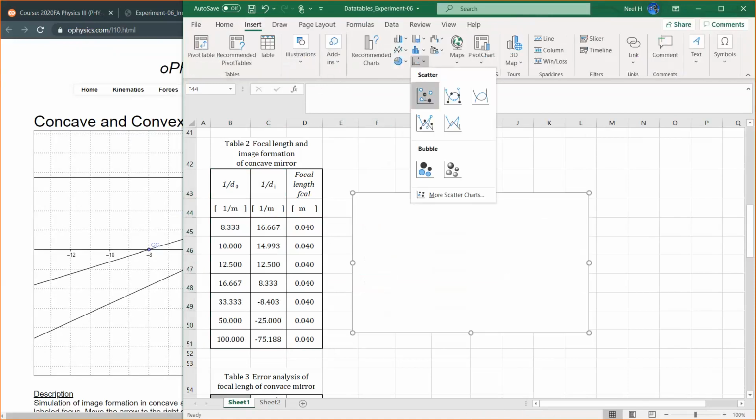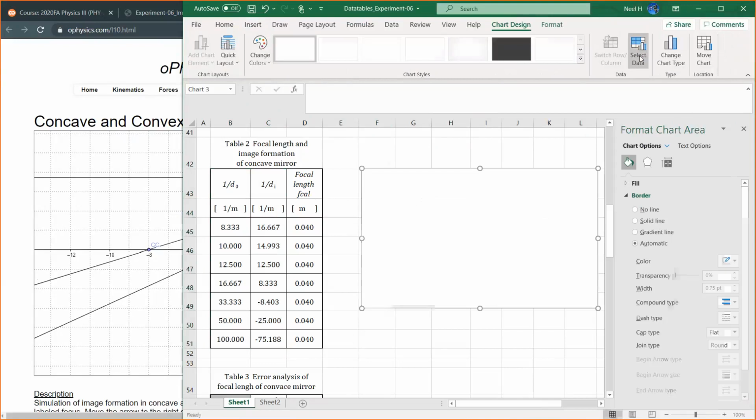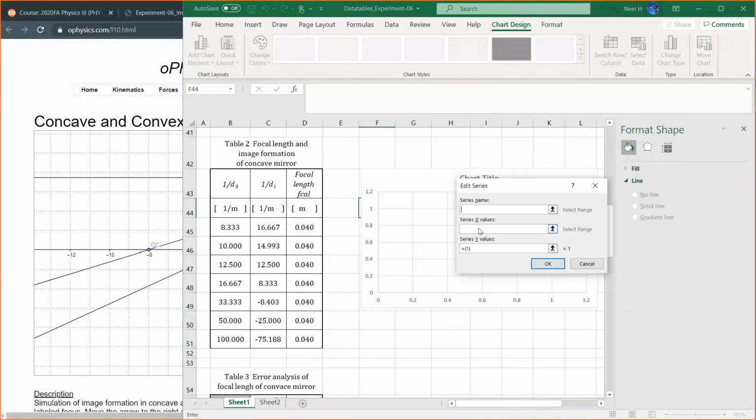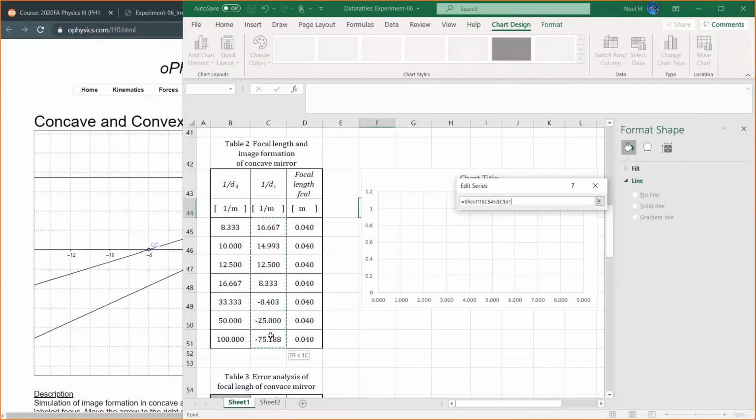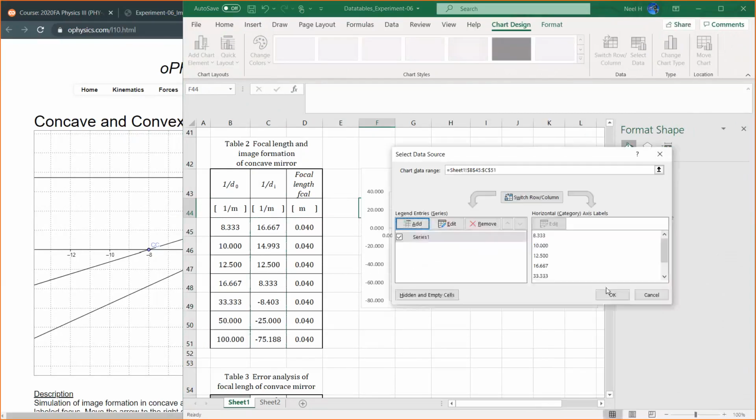Insert graph, always the scatter plot, and then double click right hand side corner, select data and x values. In this case, the x value should be 1 over d0 because that's the one I am changing. And then accordingly, the image location changes. 1 over di should be the y values. So click OK, click OK again.